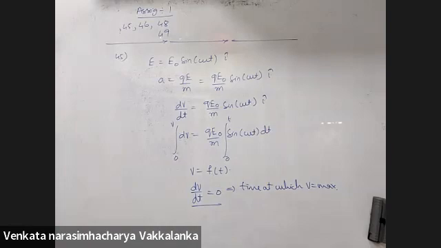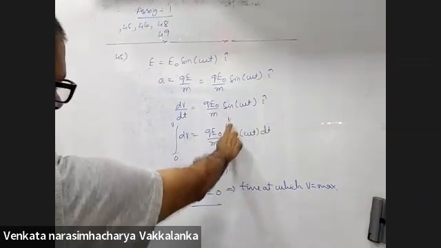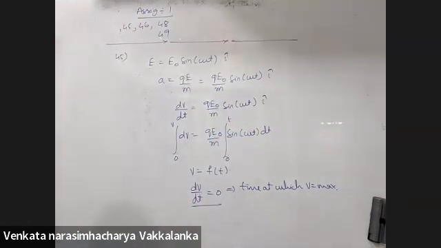The time at which the velocity will be maximum is pi by omega. The omega value we know now. Okay, so you substituted the value of omega, right? Yes. Equate this to 0, you get the time. The time you substitute here, you will get the answer.